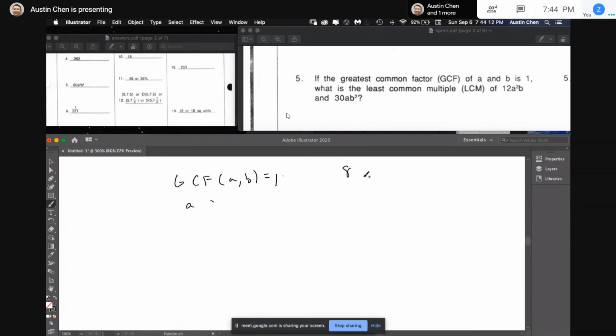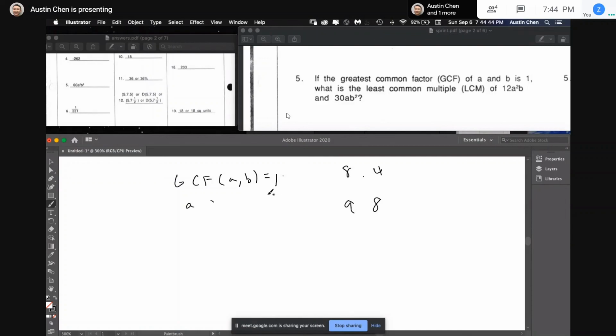Like 8 and 4 would not be relatively prime because they are both divisible by 2, but 9 and 8 would be relatively prime. Even though these numbers themselves aren't prime, they don't share any common factors, so they're relatively prime.